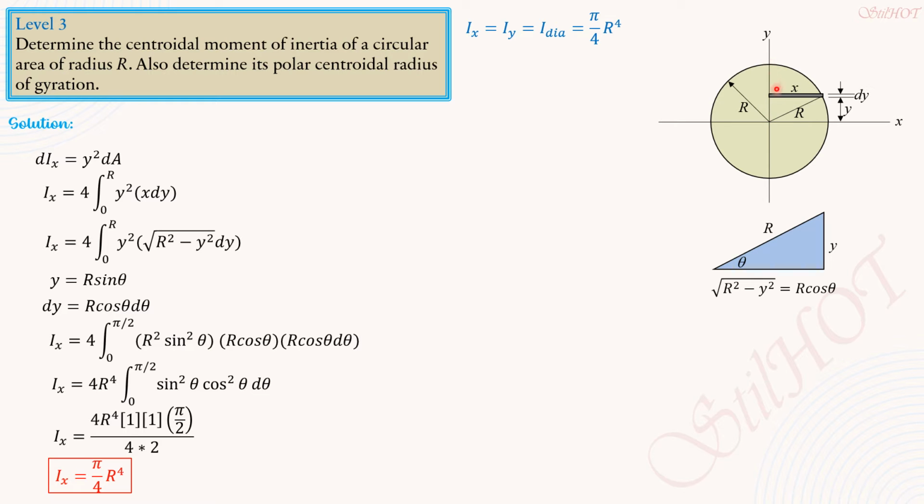For the quarter circle alone, it is pi r4 over 16, 1/4 of this. Since there are two quarter circles with respect to the y-axis, and the y-axis is the common axis, it is also 2 times pi r4 over 16, which is pi r4 over 8.